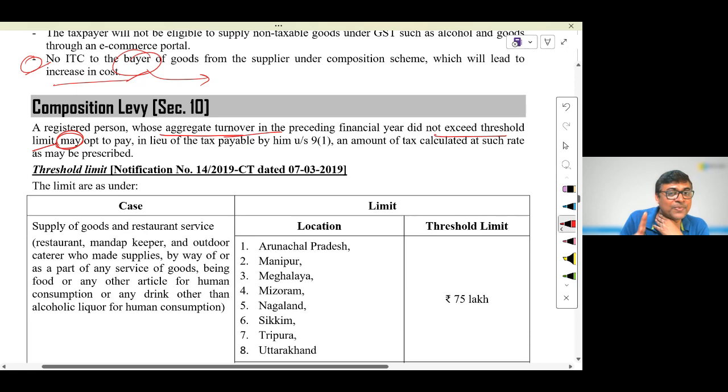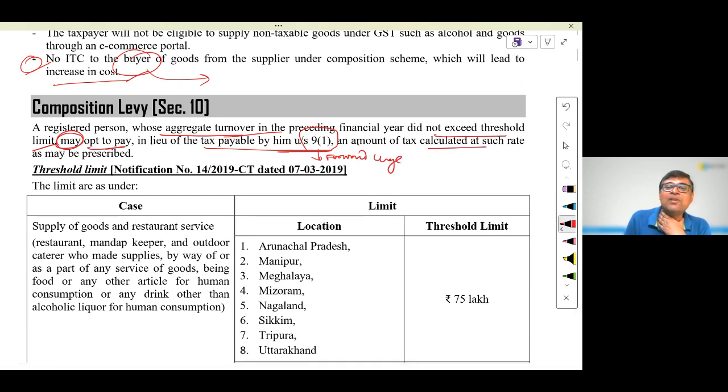That means it is an optional scheme. It is up to you whether to go for this scheme or go with your regular one. May opt to pay, in lieu of the tax payable by him under section 9(1), that is forward charge, an amount of tax calculated at such rate as will be prescribed. What is the threshold limit?